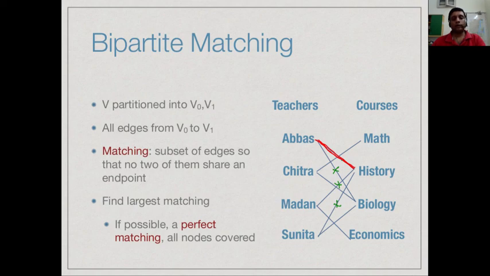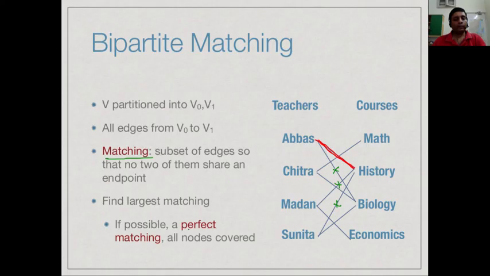So we want to find edges such that no 2 of them share an endpoint. In this example, if 2 of them share an endpoint on the left, it means that the same teacher is being asked to teach 2 courses. If the 2 edges share an endpoint on the right, it means that the same course is being taught by 2 different teachers, neither of which we want. So we want a matching. We want a matching which is a subset of edges so that no 2 of them share an endpoint.